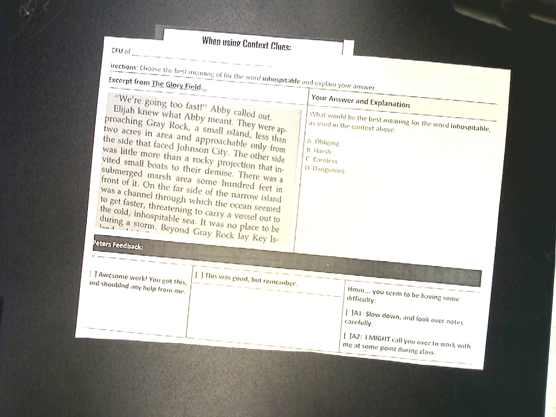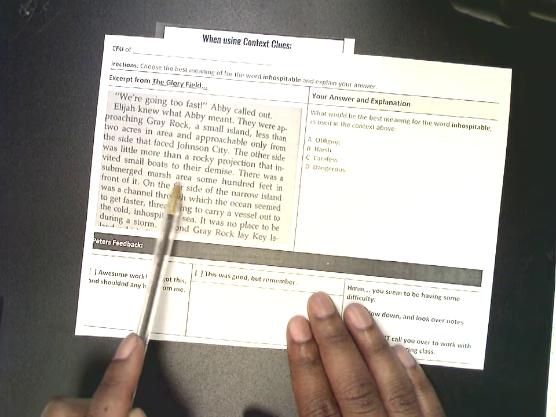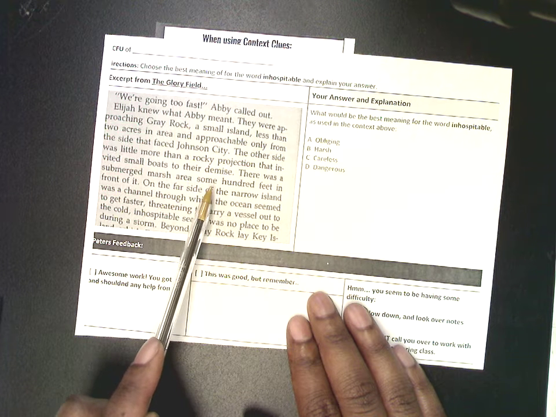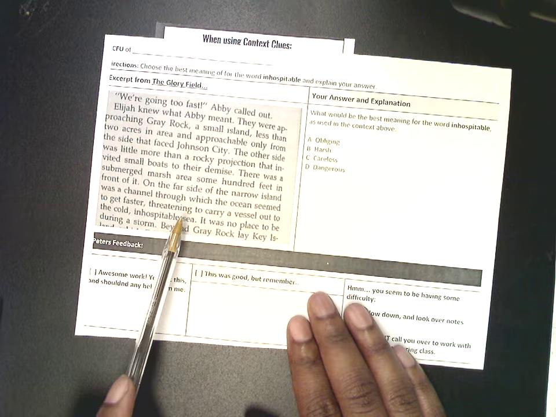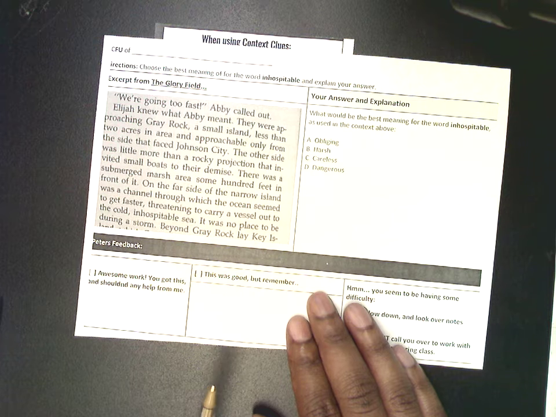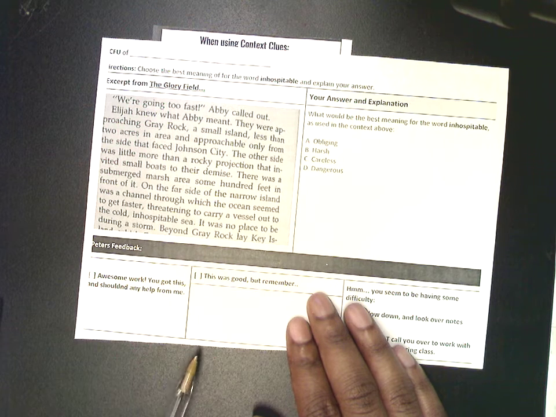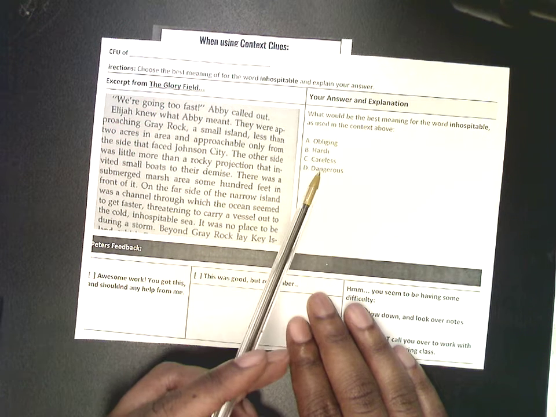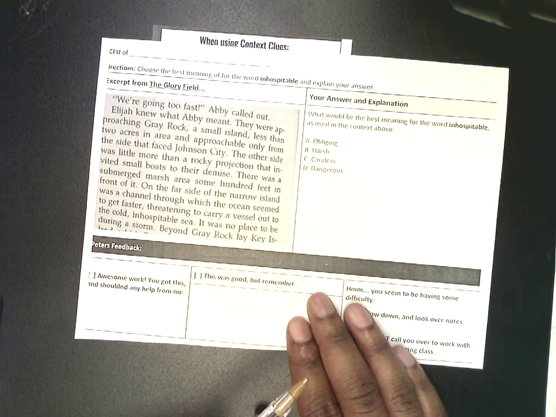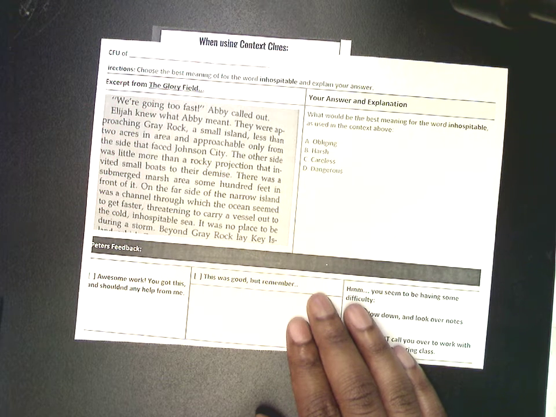There's a part by this island where it says the rocky projection that seems to pretty much destroy small boats, bring them to their deaths. So you kind of have that going on. The word threatening. So everything in this paragraph is pretty negative, which means inhospitable should be a negative word. But what about the sea can be described in a negative way? Well, maybe they're saying that this sea is very dangerous or this sea is very harsh. So B or D, because of the mood of this paragraph, can pretty much lead us in that direction.